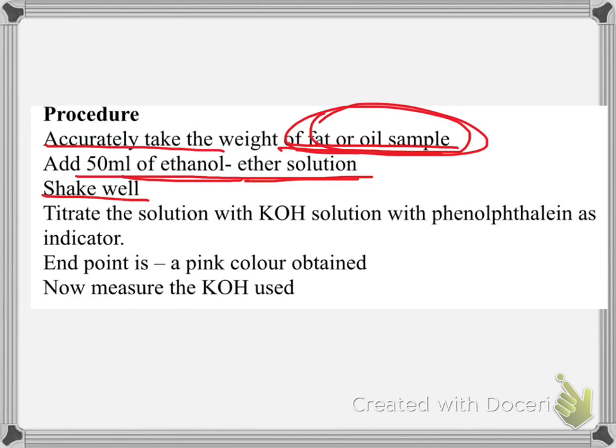Then add 50 ml of ethanol ether solution to that conical flask. Then shake well. Then we want to titrate the solution with the potassium hydroxide solution.